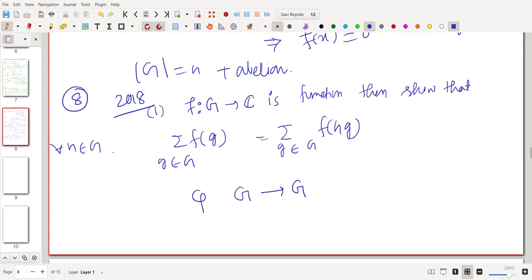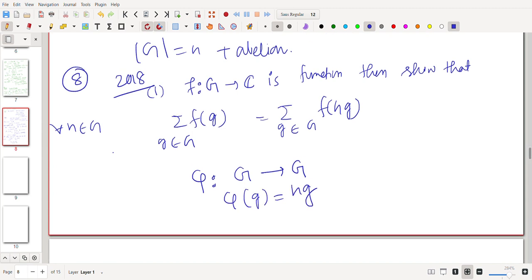Okay, right. So I can define phi(g) equal to hg. Since G is a finite group, you can easily see that hg1 equal to hg2 implies g1 equal to g2. That means it is injective, and finite group means bijective. It is just set theoretic now.